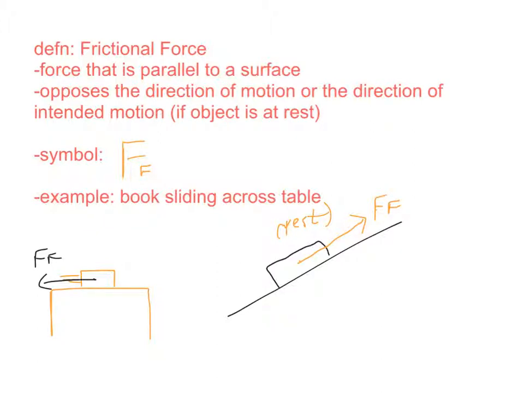And this would also work if you have, let's say, a table on the floor and you're pushing on the table but it's not moving, so this table is still at rest. If you're pushing with a force to the right, you're going to have friction going to the left, keeping the table from moving. So this is what I mean by the direction of intended motion if the object is at rest. If the object is moving, then friction's always going the opposite way.